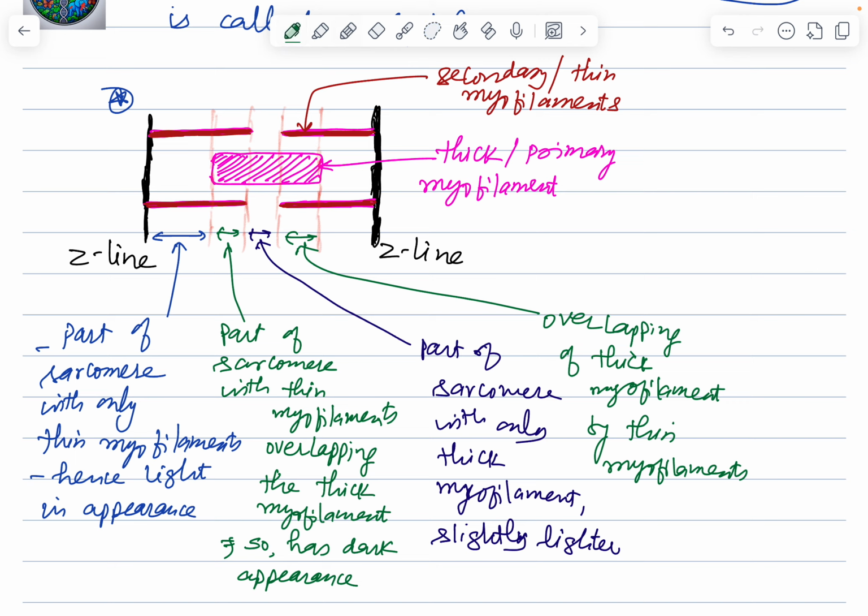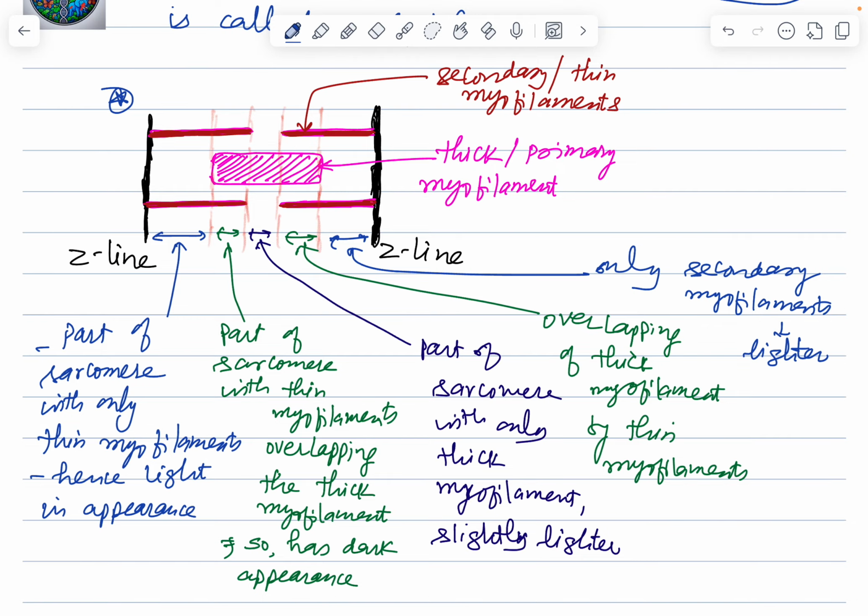And the last portion, that is once again this one over here. Only secondary myofilaments. So once again lighter in appearance.